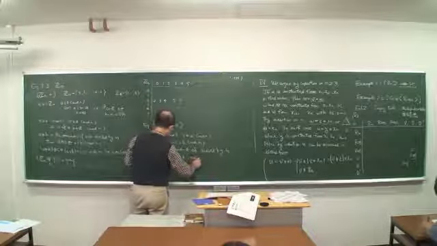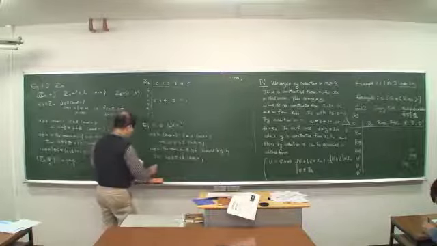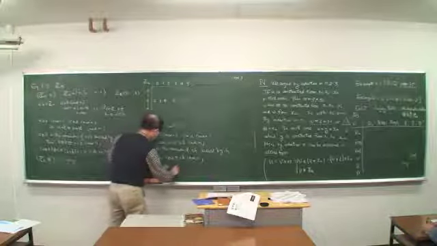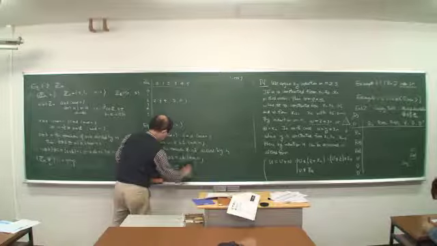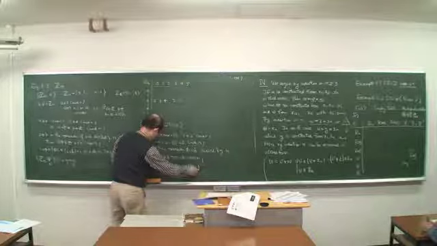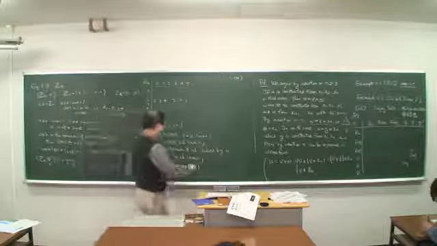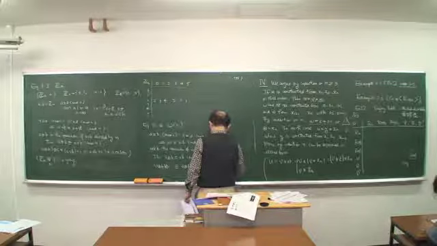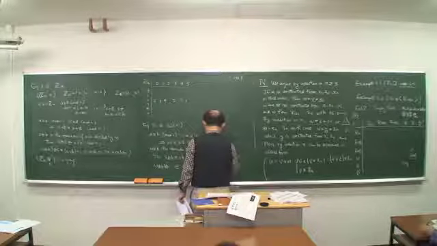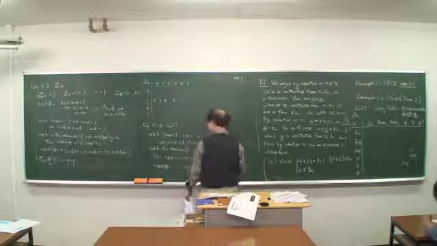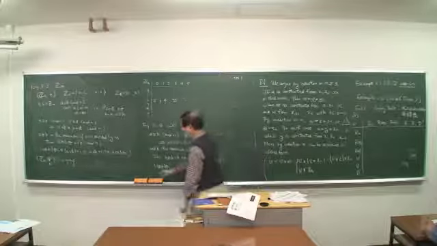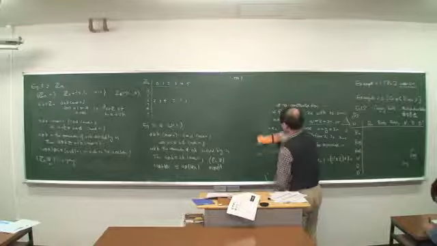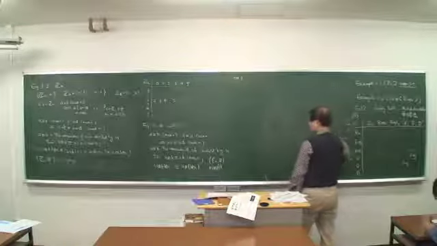This is just a similar thing. By similar computation, you can show that this becomes a monoid. That means it has an identity element and it satisfies associativity, but it's not a group.